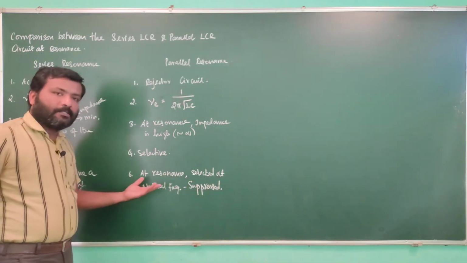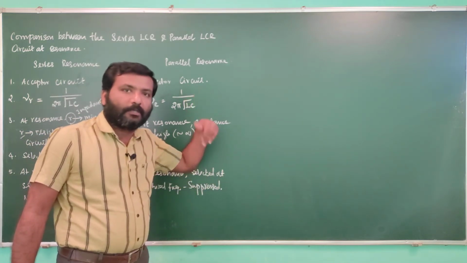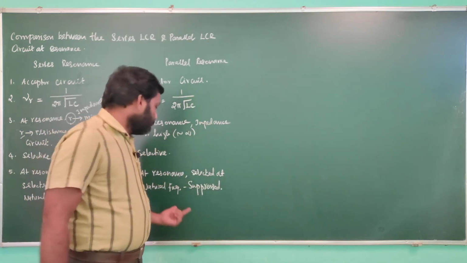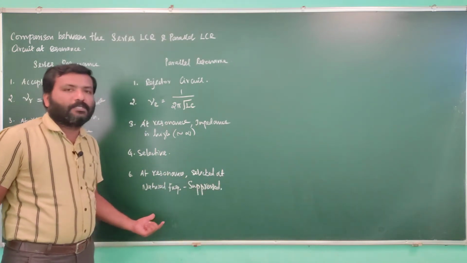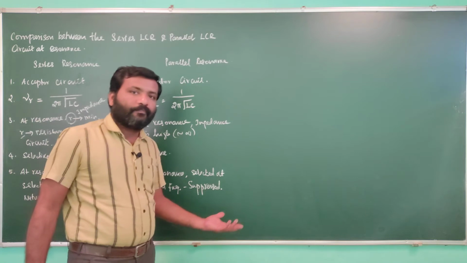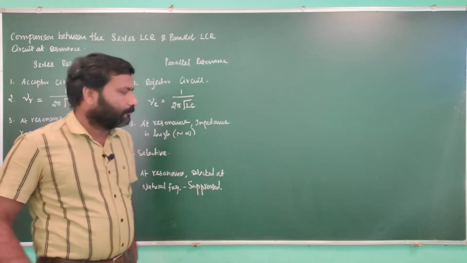This circuit exhibits the maximum impedance, so the current is low. The low current will be delivered in the output for the frequency equal to the natural frequency of the system, so that particular frequency is suppressed.